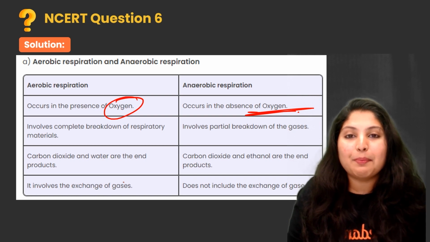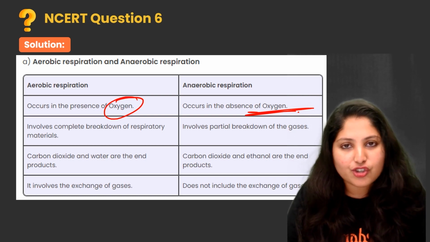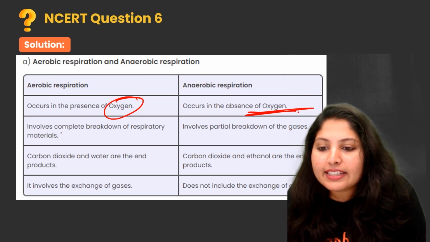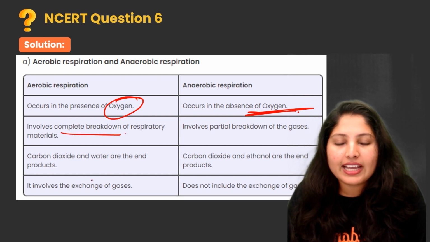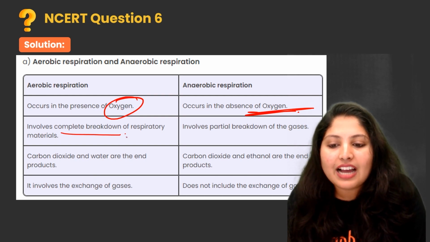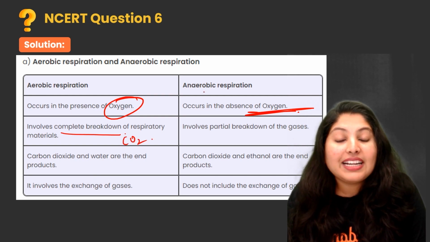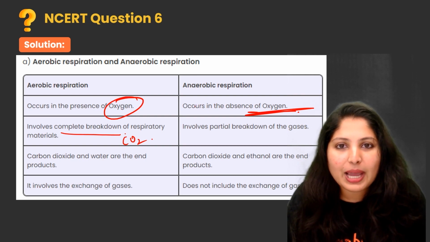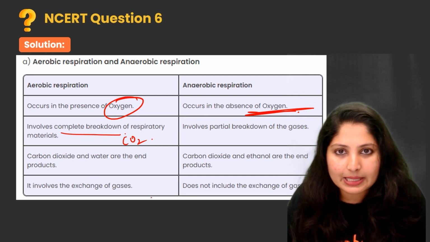The reaction happens in the absence of oxygen. Okay, so next, in aerobic respiration, complete oxidation happens and carbon dioxide is released. But in anaerobic respiration, partial oxidation we can see. Yes.